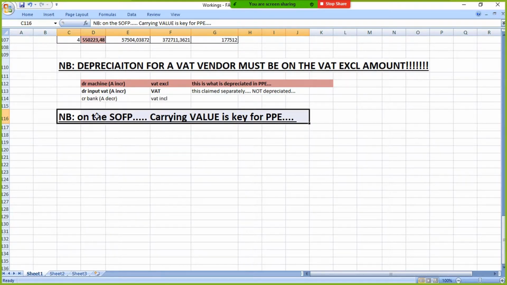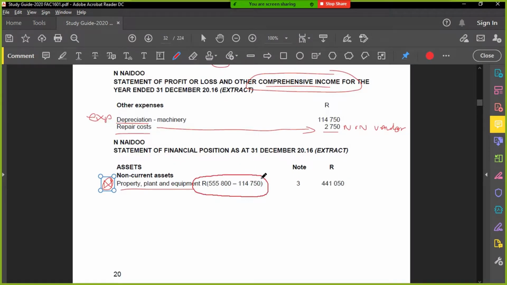If you are only looking at the statement of financial position, then I would show workings in brackets like they've done here. Their working is good. Cost minus accumulated depreciation gives you carrying value. The carrying value is what you show on the face of the statement of financial position. Is that okay? Is the disclosure right?